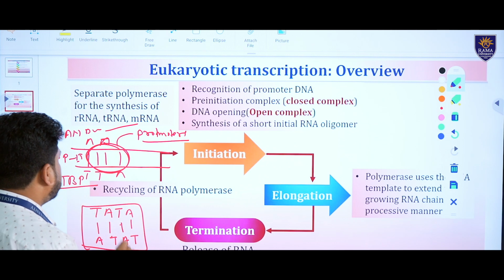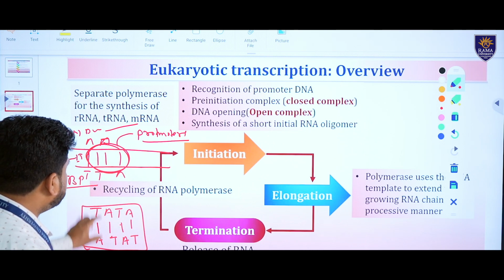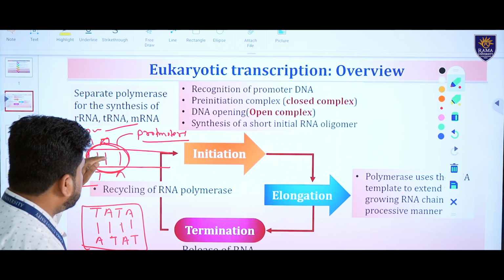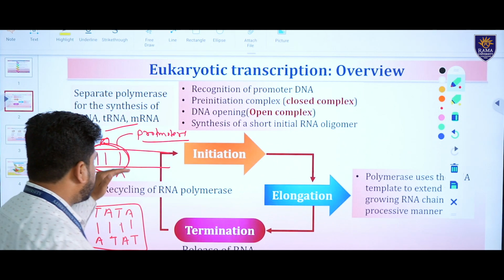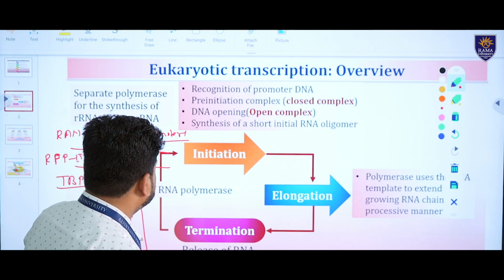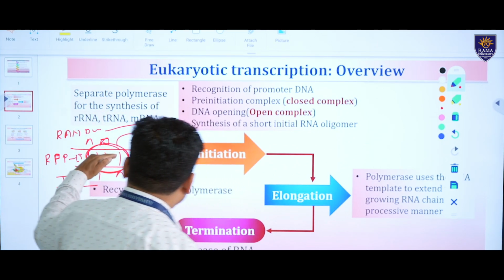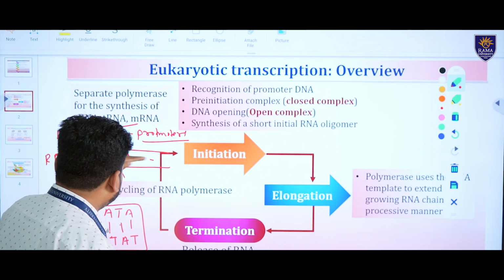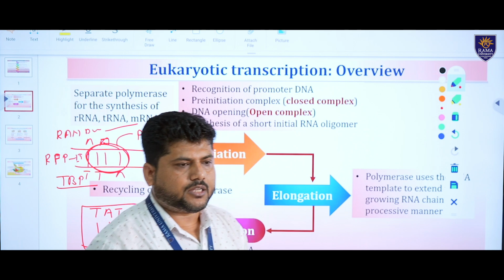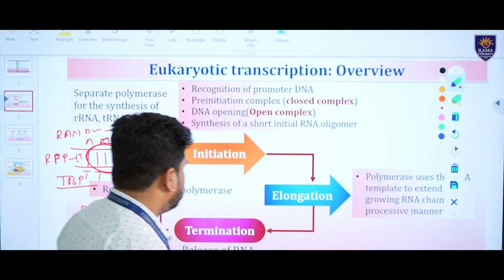When these factors along with the RNA polymerase enzyme bind to this initiation site, the TATA box, then the initiation process starts, and due to the helicase activity of RNA polymerase II, the bonds break between the two strands of the double helix. One strand is used as template, and transcription of the mRNA starts in the 5' to 3' direction.